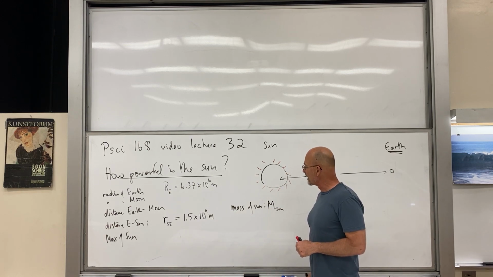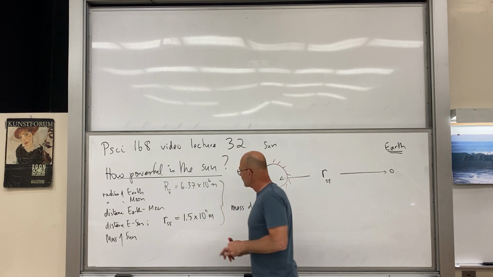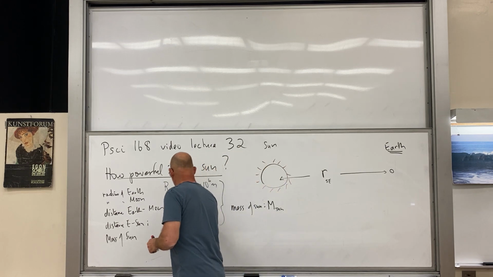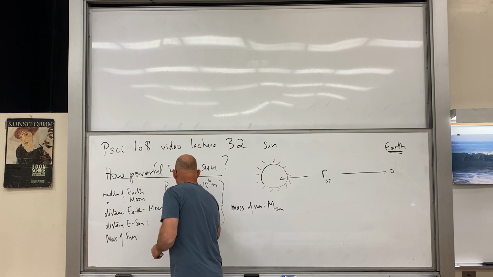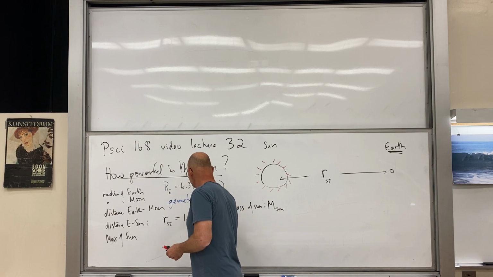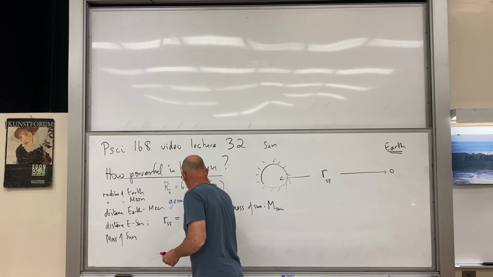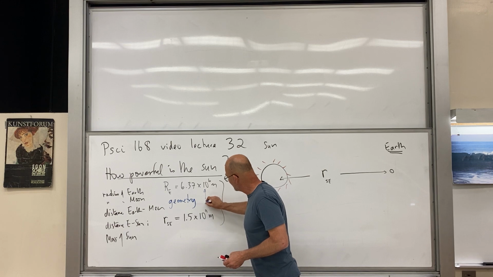And now the mass of the sun is different. So for these here, let's just write geometric reasoning and measurements. In fact, how about if I just write geometry? That's how we get these types of things.